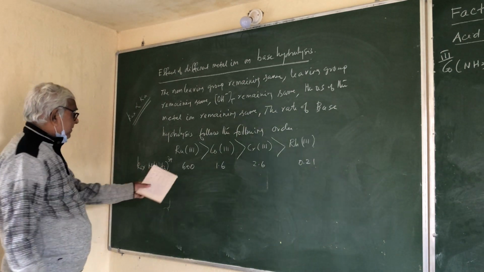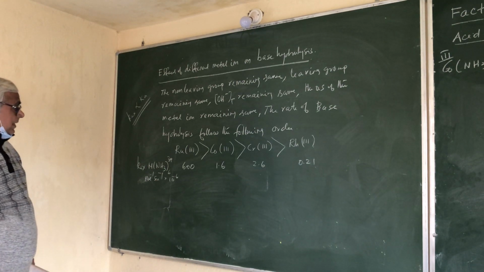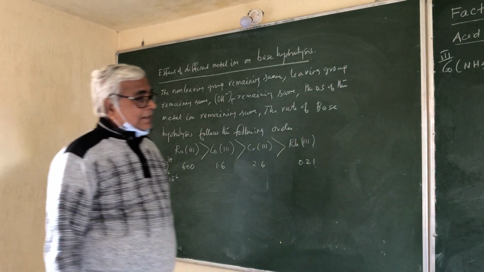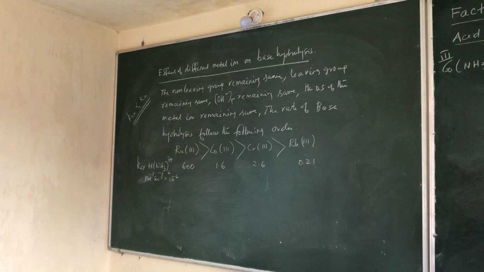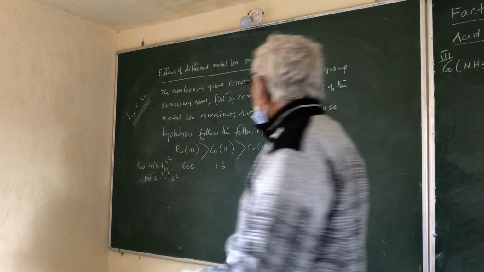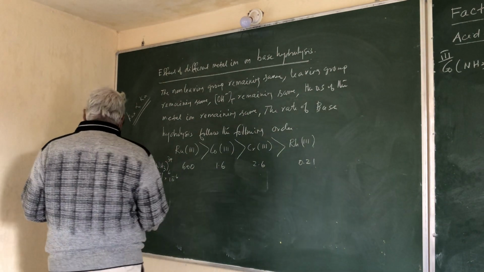So K exchange is favoring the ruthenium 3 ion, because we have already said that the higher the K value, the higher will be the rate of the reaction. So this is favoring the ruthenium 3 system.